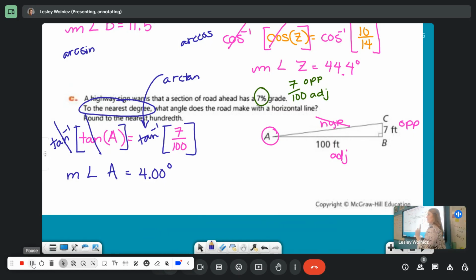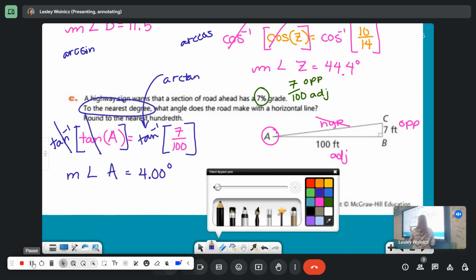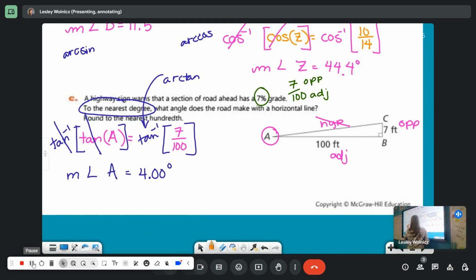Okay. Really quick, before we flip, if you see this pattern, you don't have to write this whole thing the whole time. Some of you, if you're fast, this was not me, but it will be some of you, can just say, okay, well, A is going to be the inverse tangent of 7 over 100.